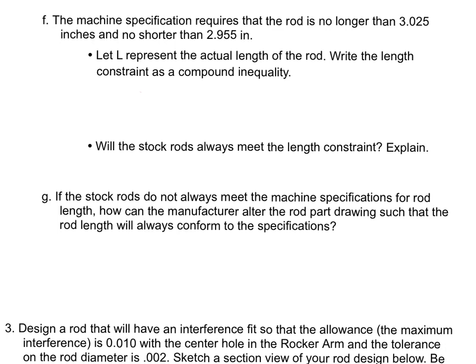Okay, this question says, or I'm on F now, the machine specification requires that the rod is no longer than 3.025 inches and no shorter than 2.955 inches. So let L represent the actual length of the rod. Write the length constraint as a compound inequality. So this is what you do to get a compound inequality. You put an L here.